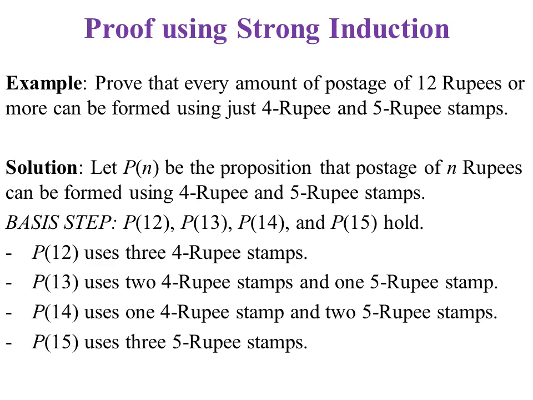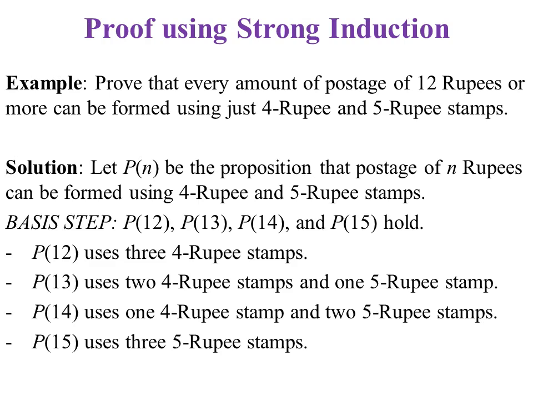The same can be extended now further also. P of 16, that is 16 rupees, can be formed using 4 rupee stamps. 17, by decreasing 1 4 rupee stamp and increasing 1 5 rupee stamp, can be expressed as 3 4 rupee stamps and 1 5 rupee stamp. 18 with 2 4 rupee stamps and 2 5 rupee stamps and so on.